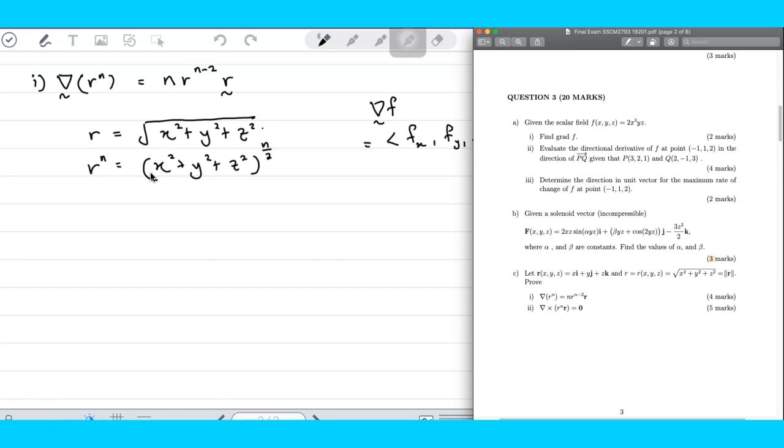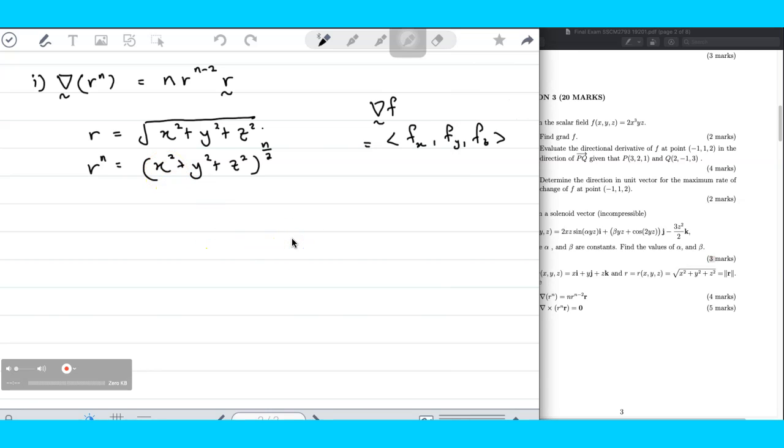So to obtain the gradient of r to the n, you have to treat this as a scalar function and differentiate it with respect to x, with respect to y, and with respect to z. That is the thing that we want to do.